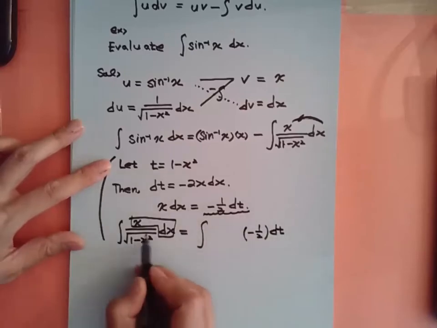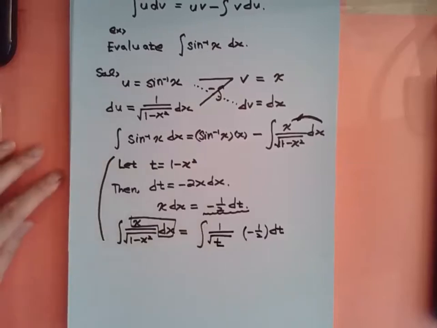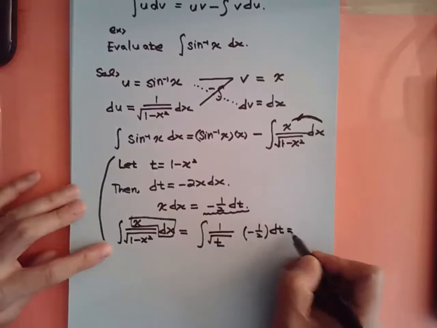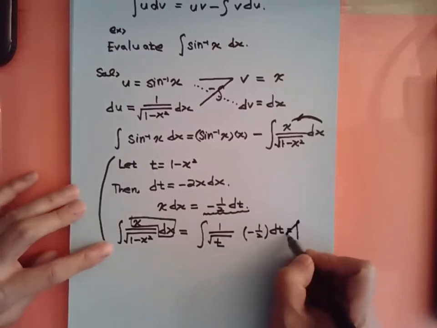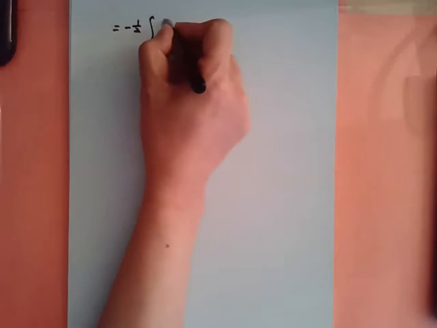And for this part, that is 1 over square root of t. Right? So that is minus 1 over 2 integration 1 over square root of t dt.